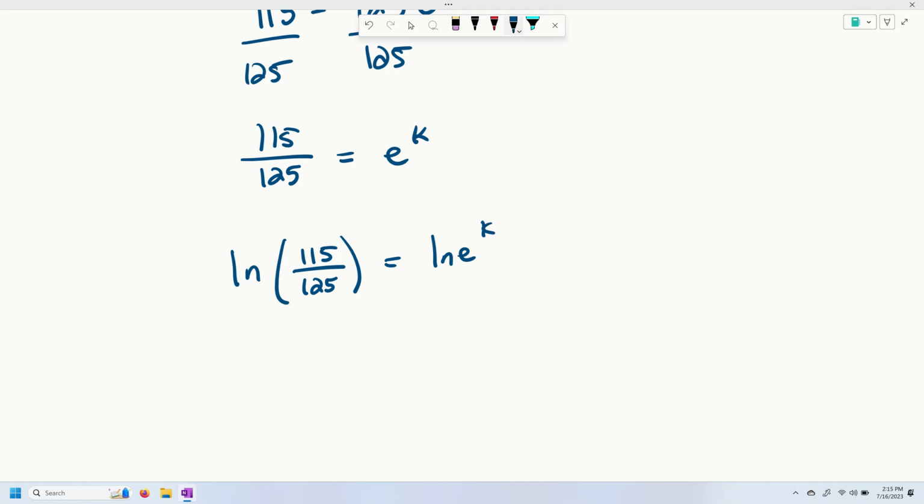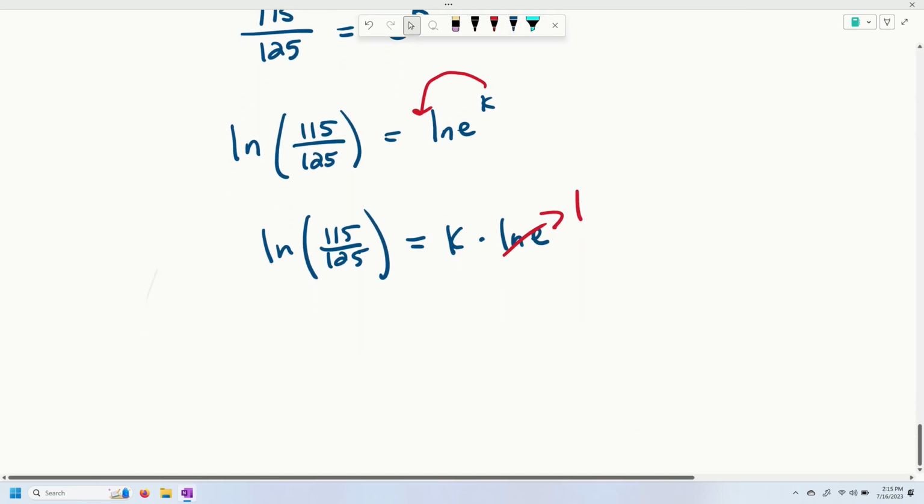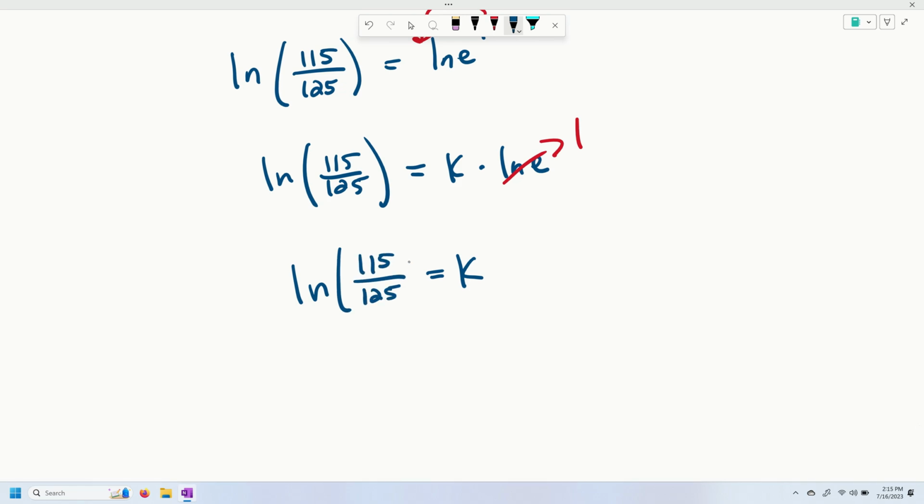By doing that, we can apply one of our properties for logs by pulling the exponent out front, to give us the natural log of 115 over 125 is equal to k times the ln of e. By definition, the ln of e equals 1. So we just get k equals the natural log of 115 over 125.